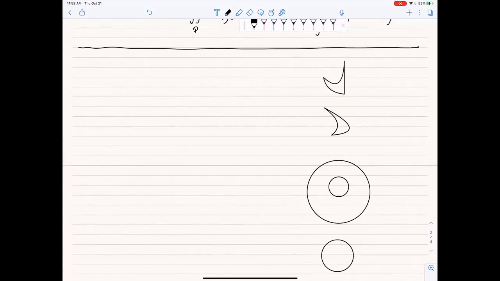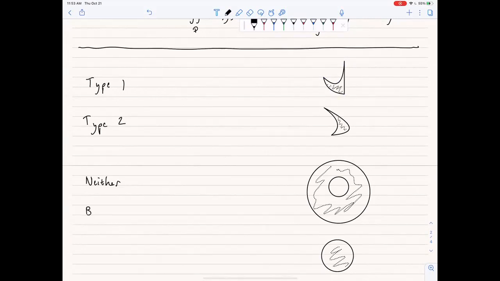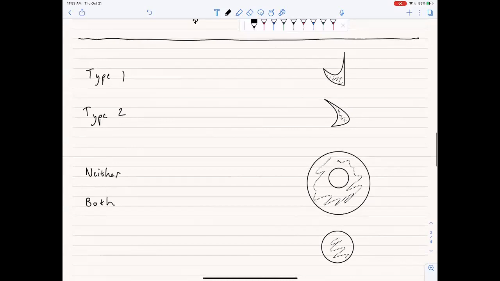Okay, there we go. So now, type 1, type 2, either, both. Okay. So this dotted line here represents the region.